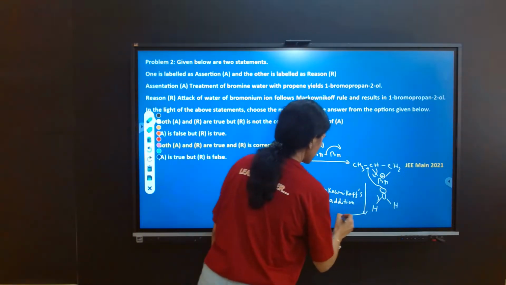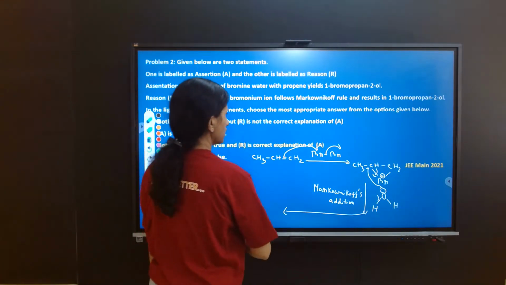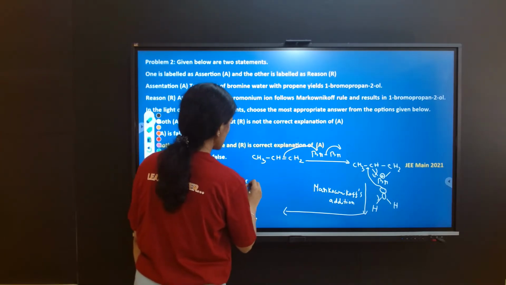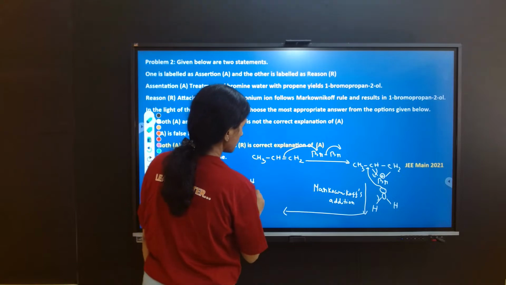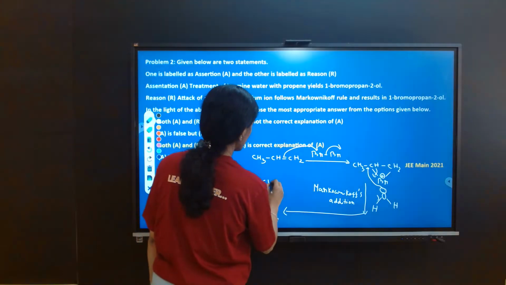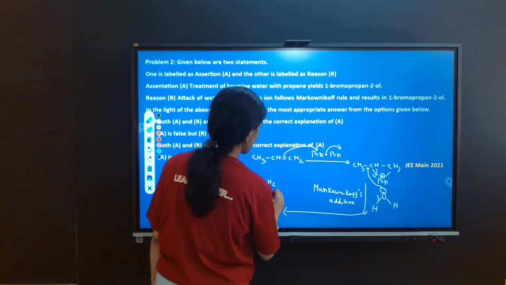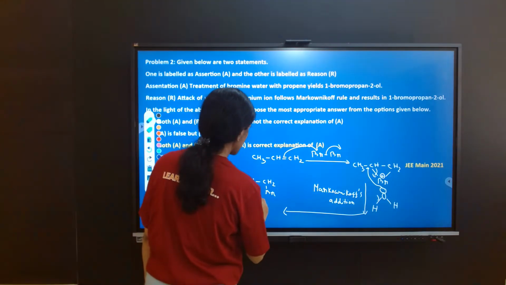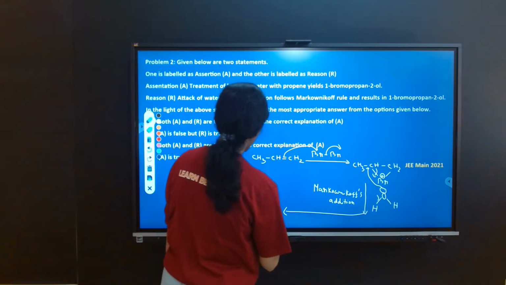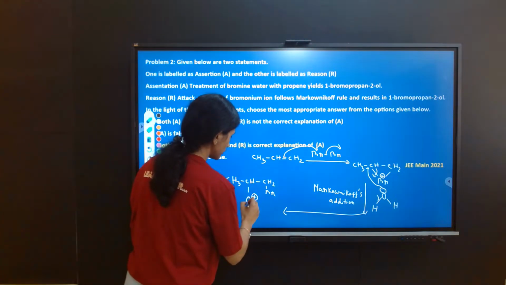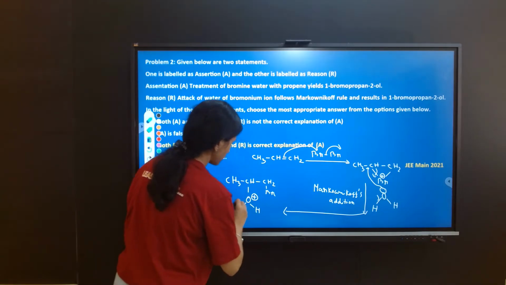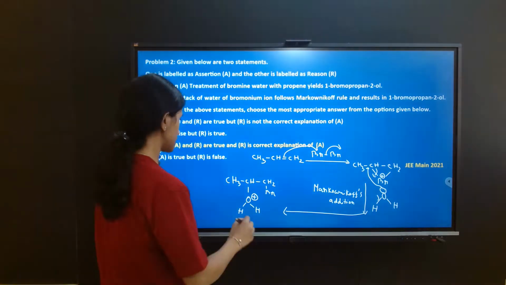So if you consider this, you will end up with CH3CH-CH2Br, and because oxygen has lost the lone pair, oxygen will come out with a plus sign. So this is the resulting structure.